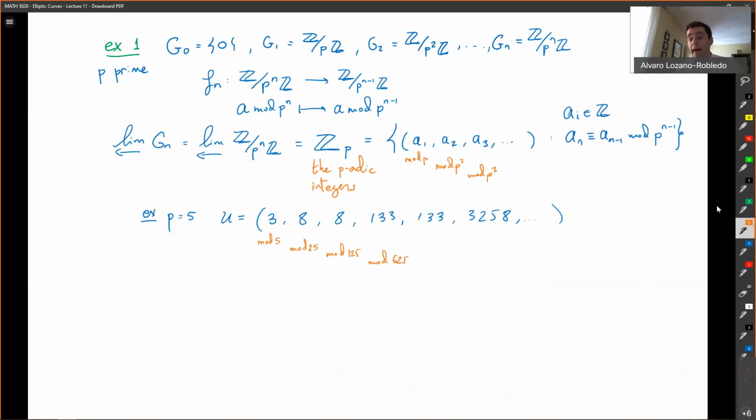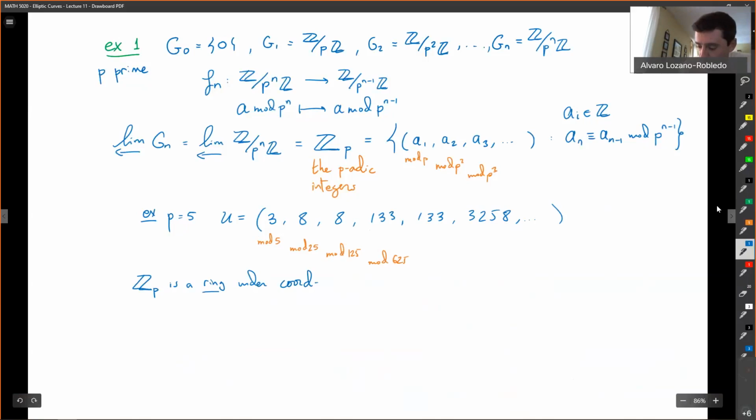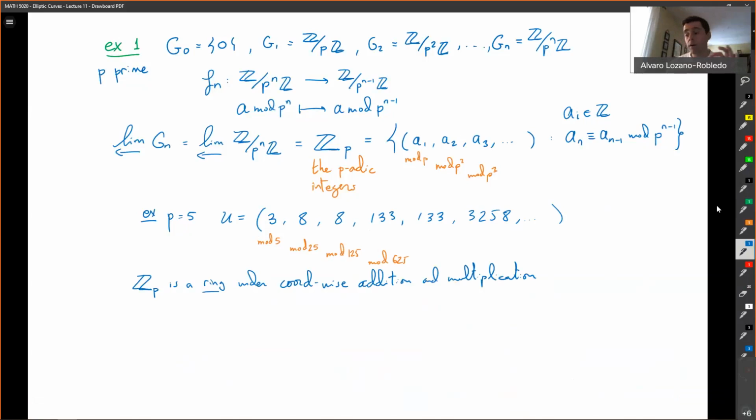I can add and multiply, so Z_p is a ring under coordinate-wise addition and multiplication, because that at each coordinate is inherited from the fact that Z mod p to the n Z is a ring. So I can add and multiply numbers.